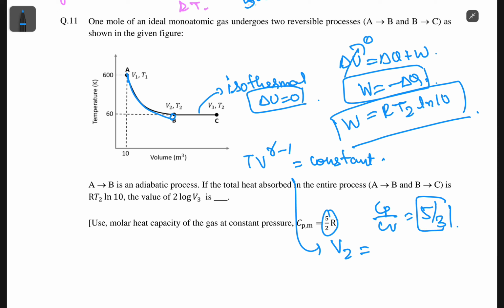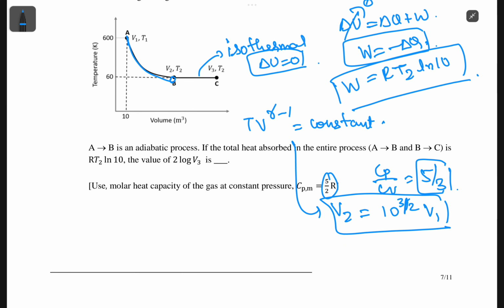So this should be 10 power 3 by 2 V1. So this is the relation between V2 and V1, and then I can just plug in the values for the final expression. I mean, we can just compare this with RT2 ln 10 is RT2 ln.